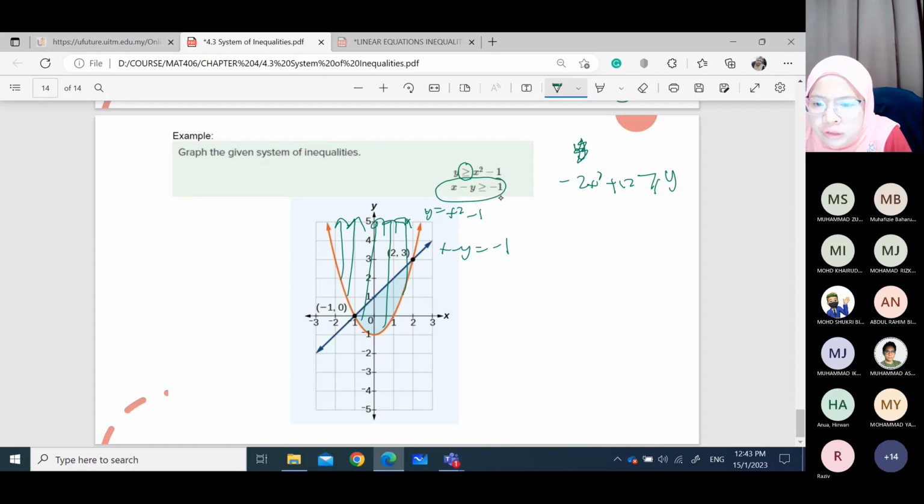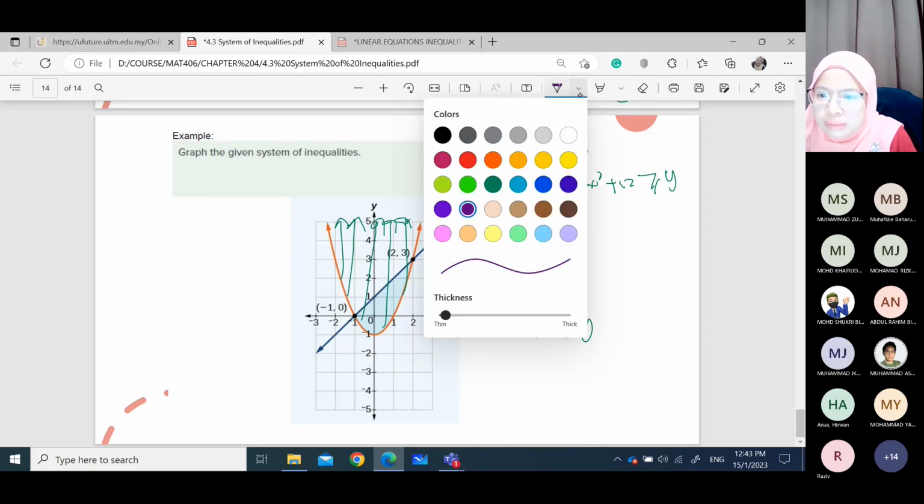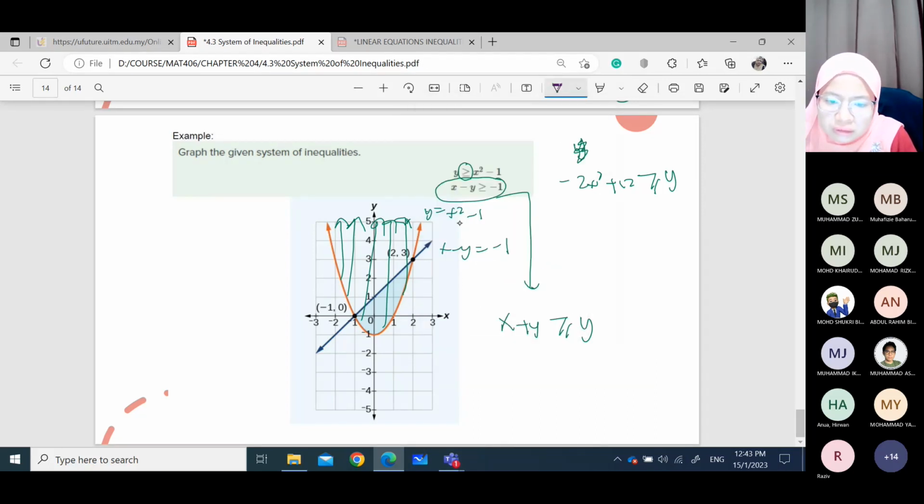Sorry. So yang bawah ni, kat mana region dia, kita gerakkan y ke sebelah dan kita akan dapat x plus y greater than or equal to y. Okay, so maksudnya dekat sini y less than. So y less than, dia berada di bawah graph. Berada di bawah sini, sini, sini, sini.